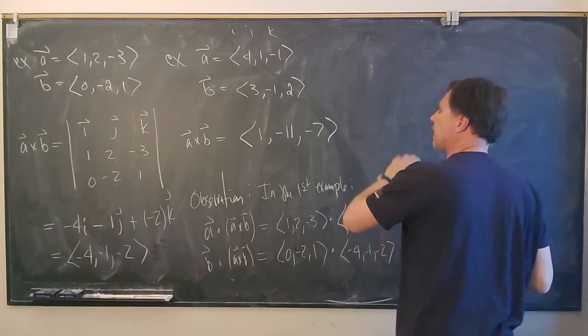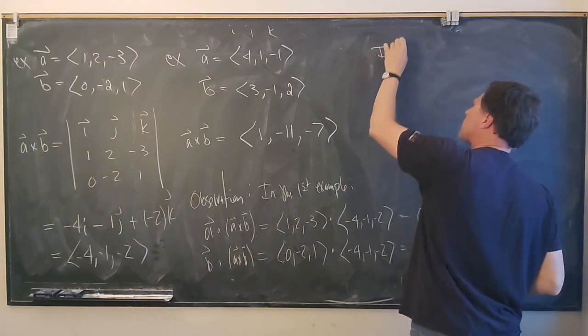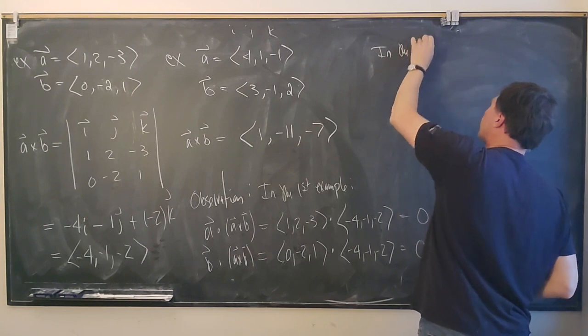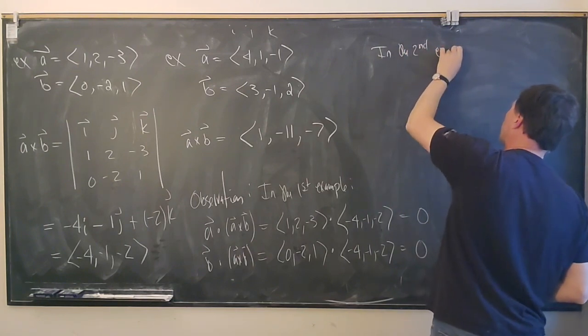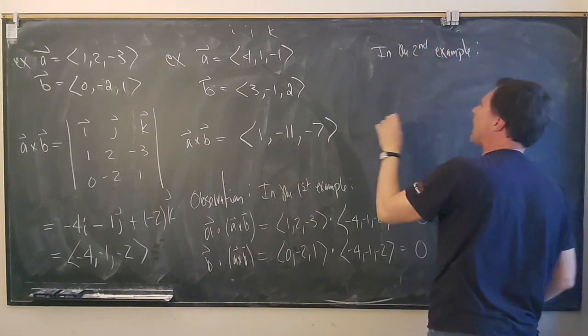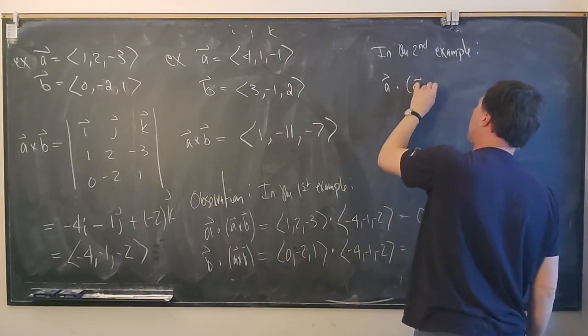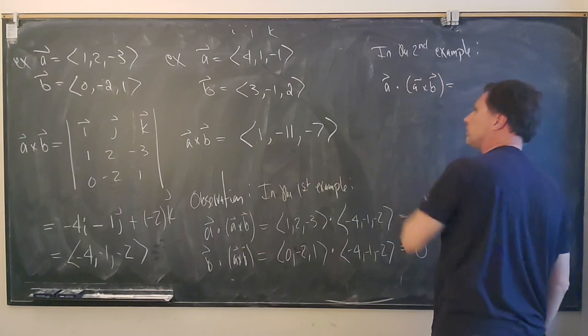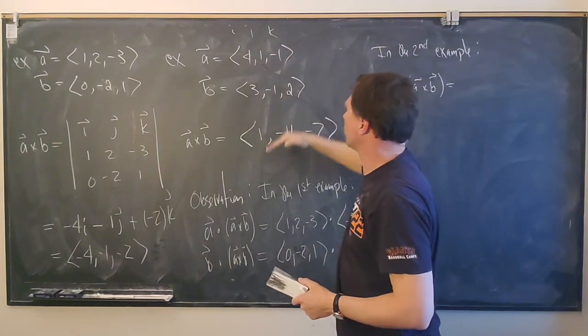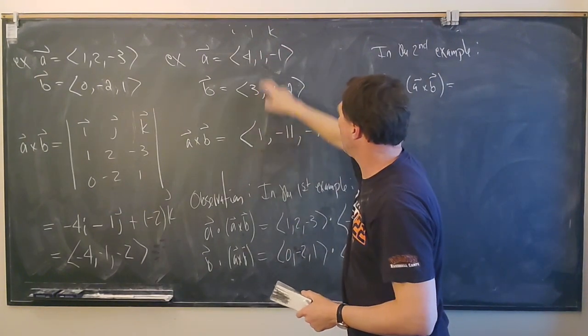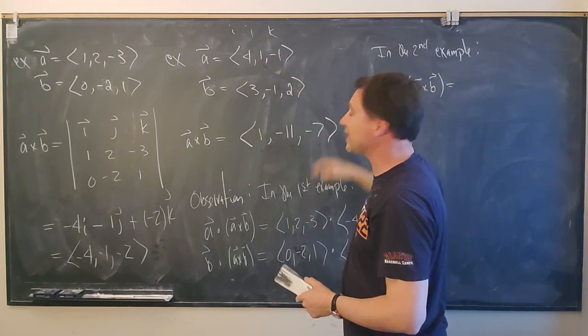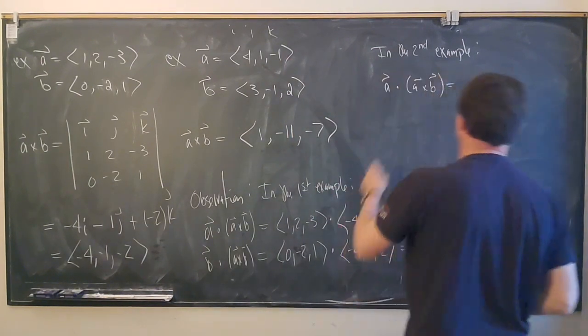Let's look at the second example. So we're still in this observation. In the second example, let's not write it all out, but if I do A dot A cross B, I'm going to do the dot product, this vector with this vector. That's going to be 4 minus 11 plus 7. That's 0.